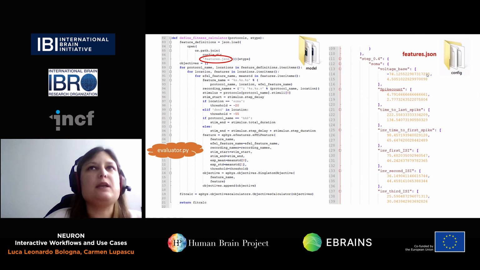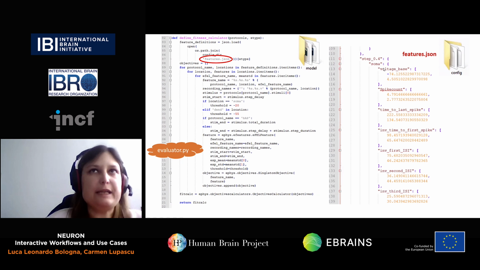Then in the same folder, we will have the features.json that were extracted by the feature extraction library. So just for each current step protocol, we'll have the features, mean and standard deviation.